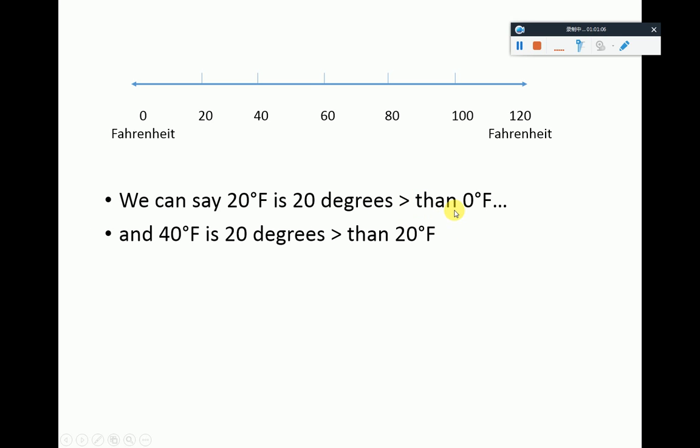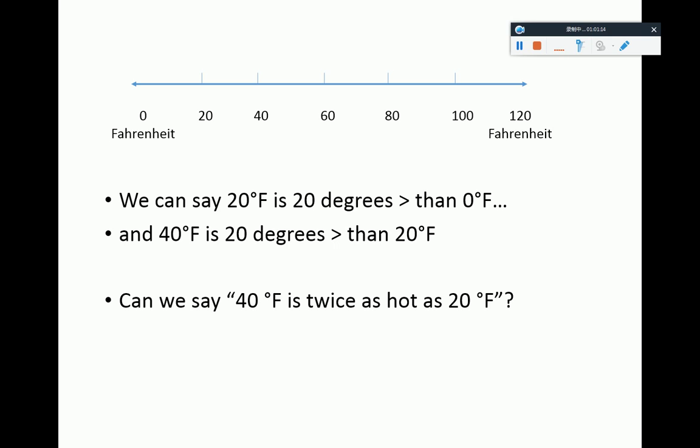So far, so good. But my question for you is, can we say that 40 degrees Fahrenheit is twice as warm as 20 degrees Fahrenheit? Can we say that? Why or why not? Right, there's only one correct answer.